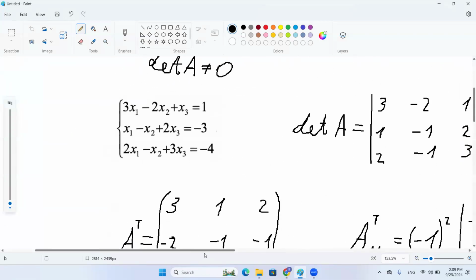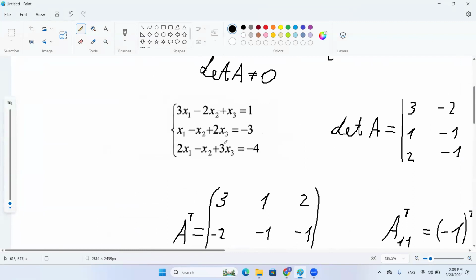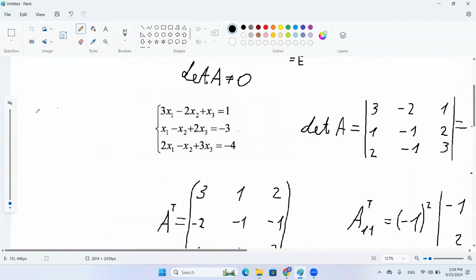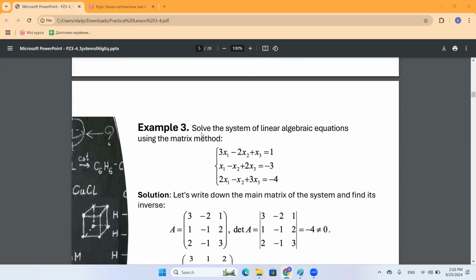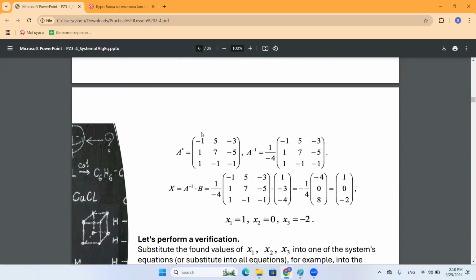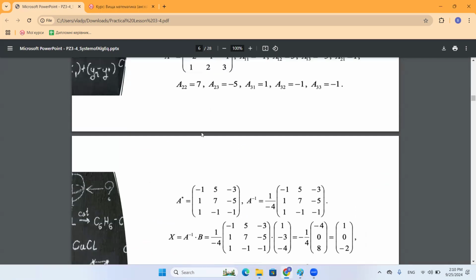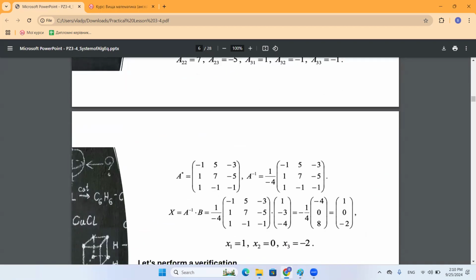So it will be a good manner for you. So 3. No, something is incorrect. Something is incorrect. Let's check first the inverse matrix, how it looks like. Yeah, so incorrect calculations.